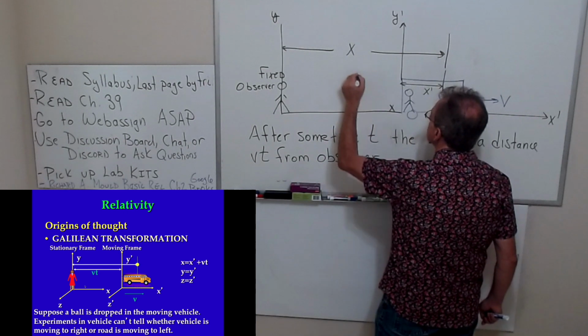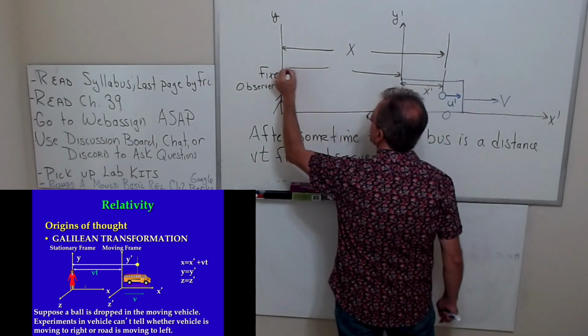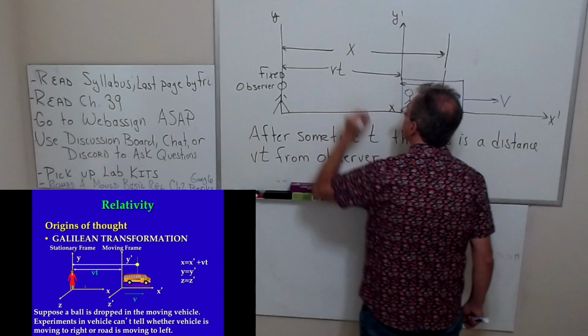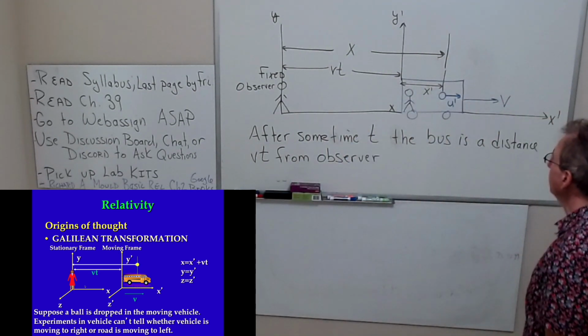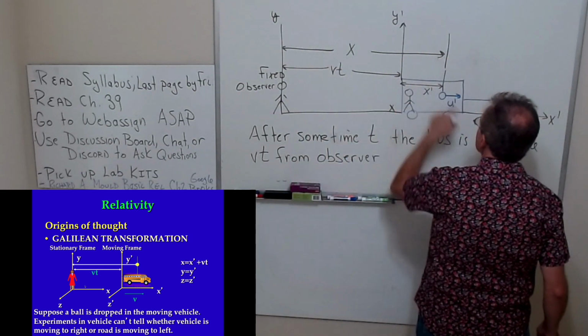So that means that this distance is v times t. And this distance is x prime.